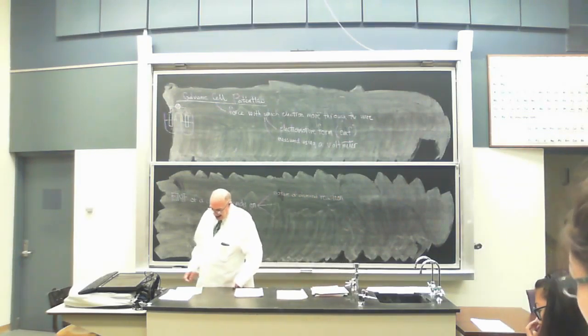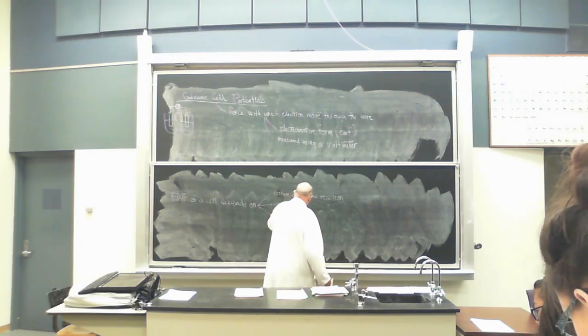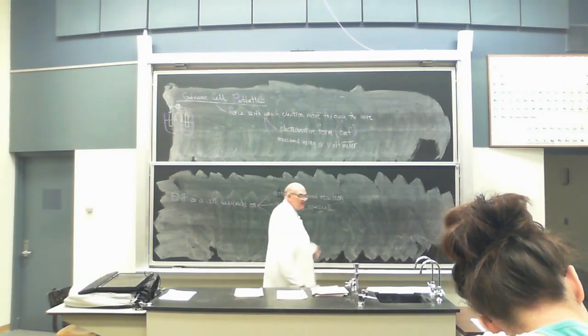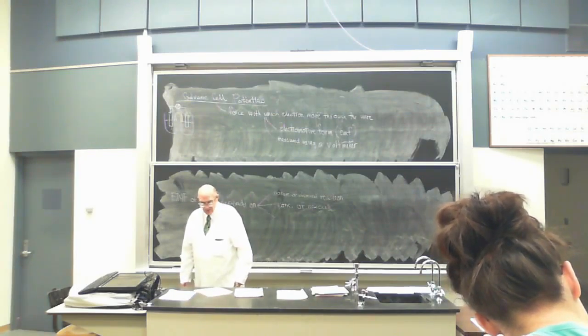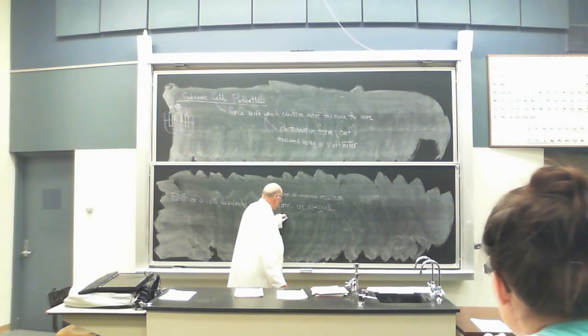The second is the concentrations of the species. It makes a difference whether it's 1 molar or 1/10 molar or 100th molar. And it also depends on the temperature.